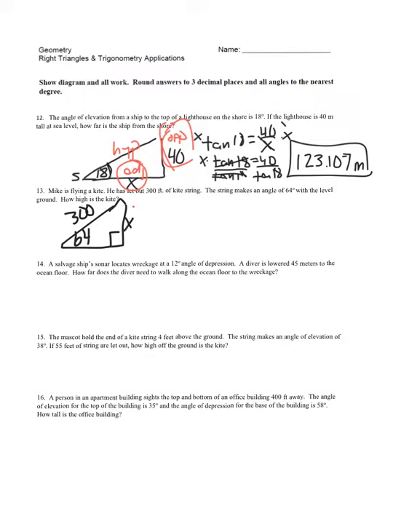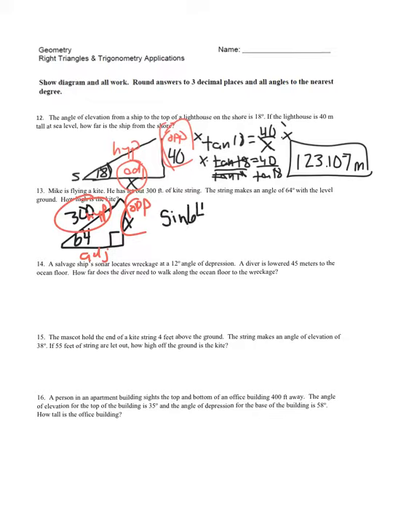So opposite, adjacent, hypotenuse. Nope, not adjacent. Hypotenuse and opposite have information. So opposite and hypotenuse is sine.